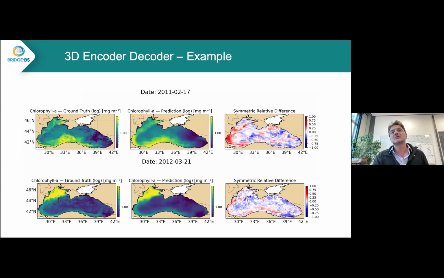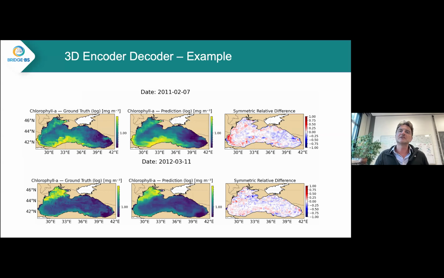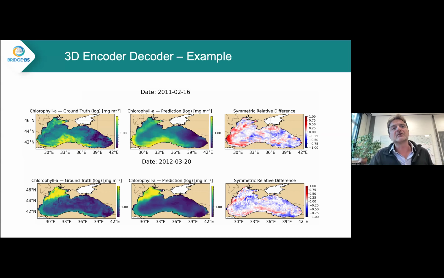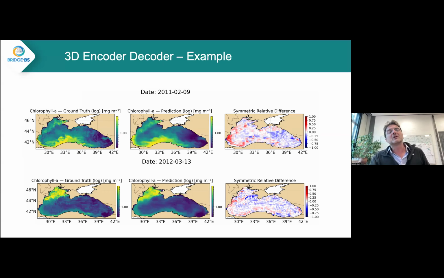Of course, the error accumulates over time, so the longer the prediction, the more the neural network is asked to provide a forecast, the larger the error will be. But still, it's confined, and we can demonstrate that within a month, the error is relatively acceptable for any kind of end user needs, especially in terms of understanding, for example, phytoplankton dynamics in different regions of the Black Sea.